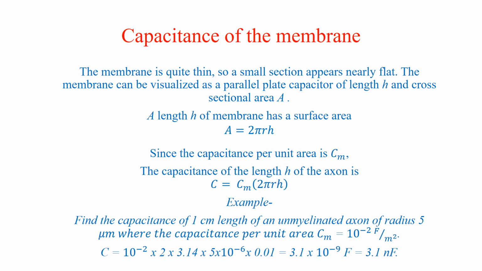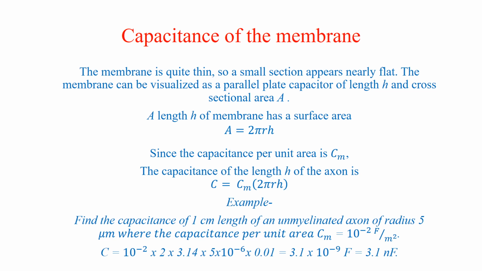Let us take a numerical example. Find the capacitance of 1 centimeter length of an unmyelinated axon of radius 5 micrometer, where the capacitance per unit area for the unmyelinated axon Cm is 10 to minus 2 farad per meter squared.